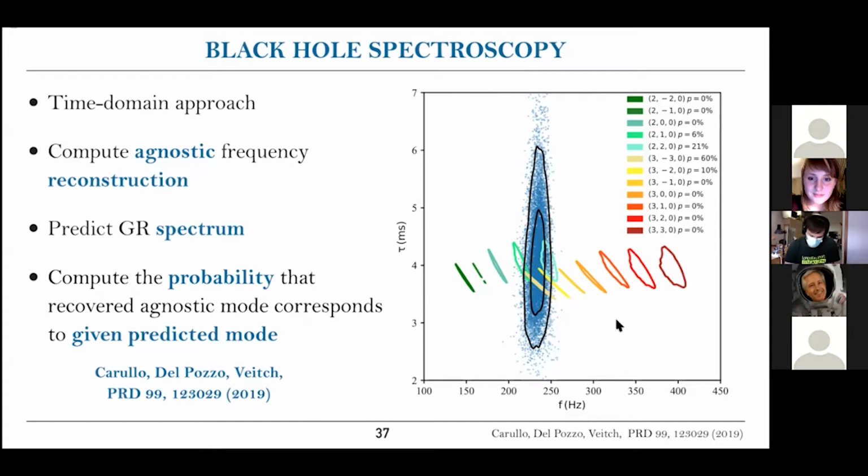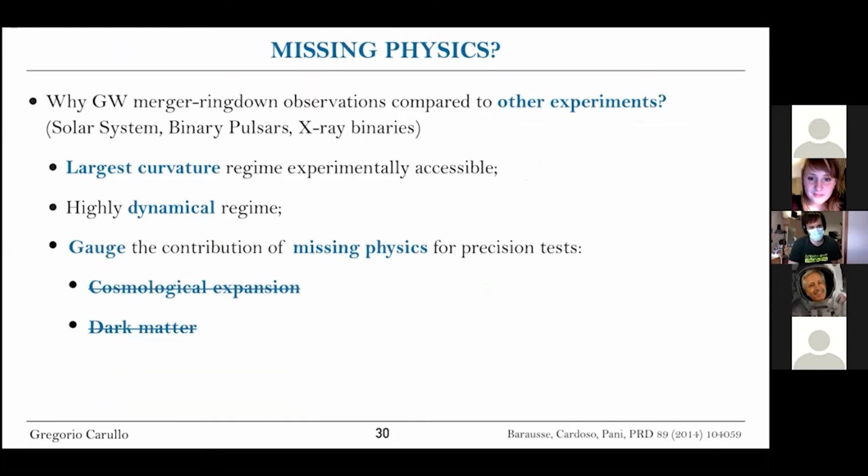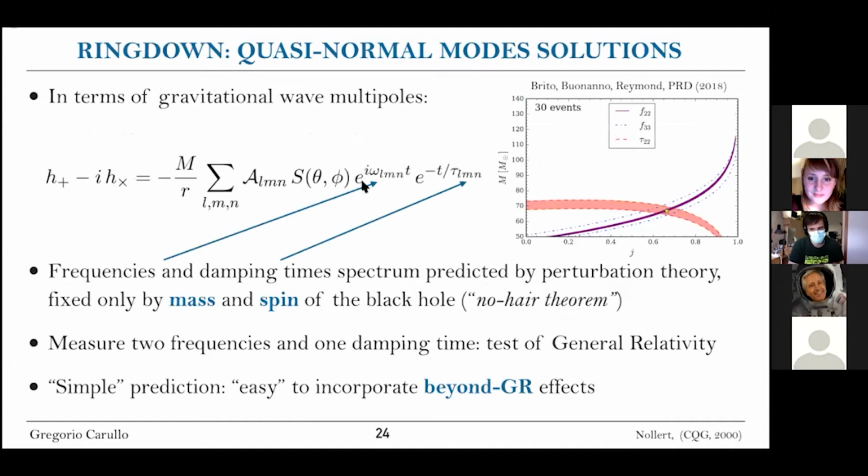Can you explain which one of the colors? What are these numbers? What are the 3, 2, 3, 3, 1, or the P? What is the difference? Sorry, so let me go back a couple of slides. These numbers correspond to the angular indices, which I'm showing here. So the L equal 2 would be the quadrupolar mode, and the L equal 2, M equal 2 is the fundamental one.